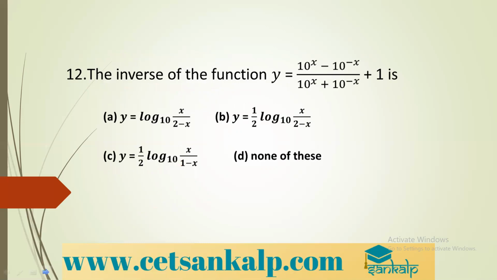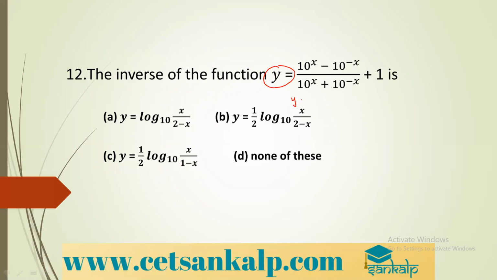Question number 12. The inverse of the function y equal to (10 power x minus 10 power minus x) by (10 power x plus 10 power minus x) plus 1. So if you want to find inverse, instead of y equal to, you must have x equal to.